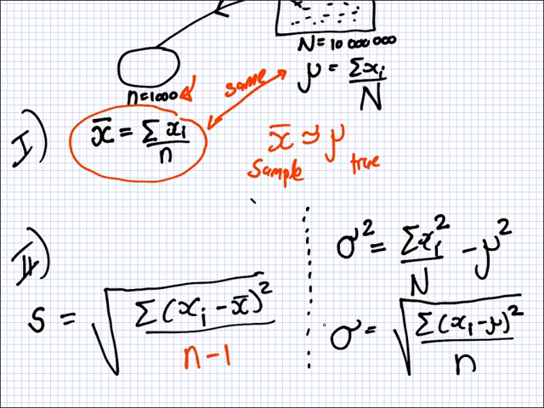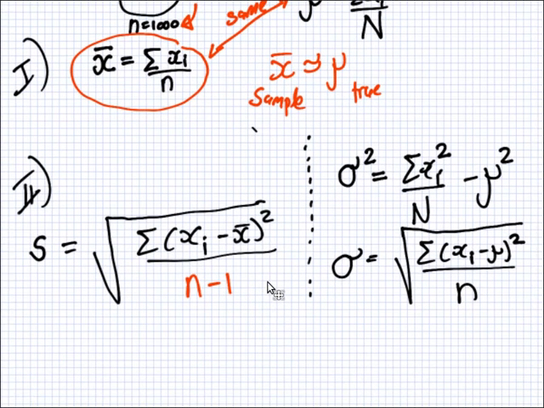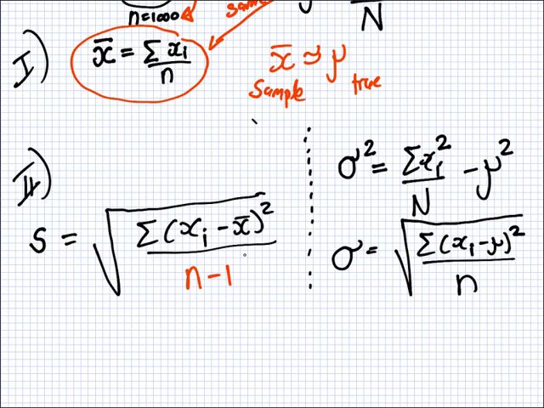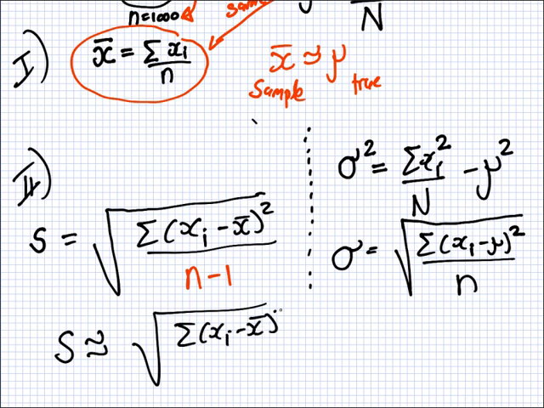Now, in the exam, they actually say it's okay. You don't have to use this formula. You can use the one we just had, with the n. But I'm telling you that technically, if you were to study this further, maybe at university in first year statistics, you might be surprised to see it is n minus 1.